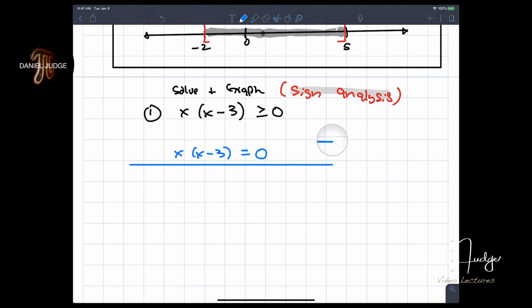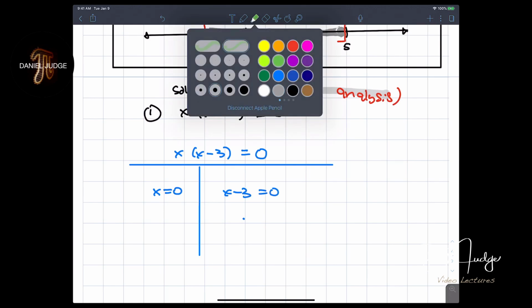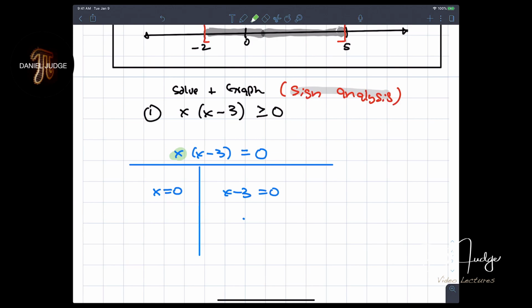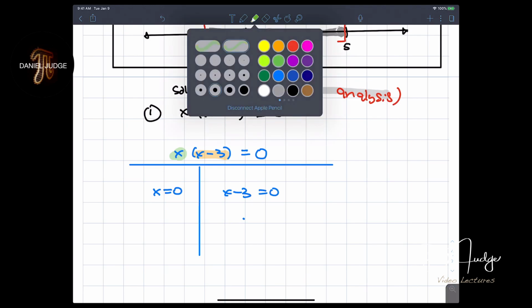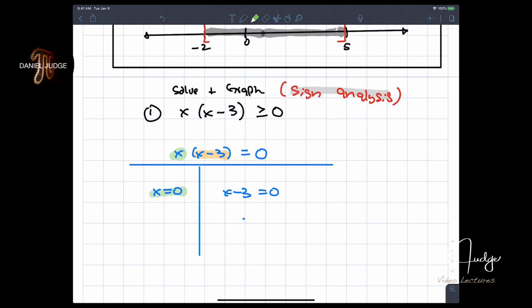We get to now use our zero product rule. So this means x is 0, and this means x minus 3 is 0. Remember that zero product rule we've been doing: this first term times the second term, that product is 0. That means either the first term equals 0 or the second term is 0.